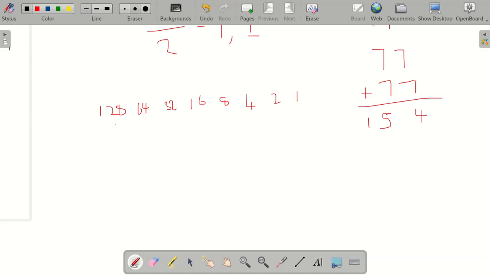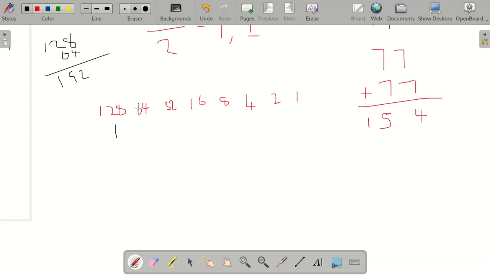So we know that 128, okay, we will start at 128. So it's the same as 128 plus 64. Let's find out what can be the answer first. So 8 plus 4 is 12, 2 carry 1. 2 plus 6 is 8, plus 1, 9, then 1. So we have 192, which is far beyond 154.